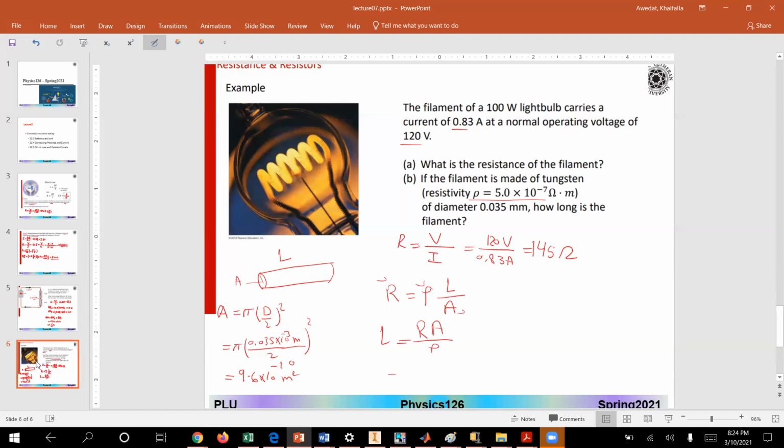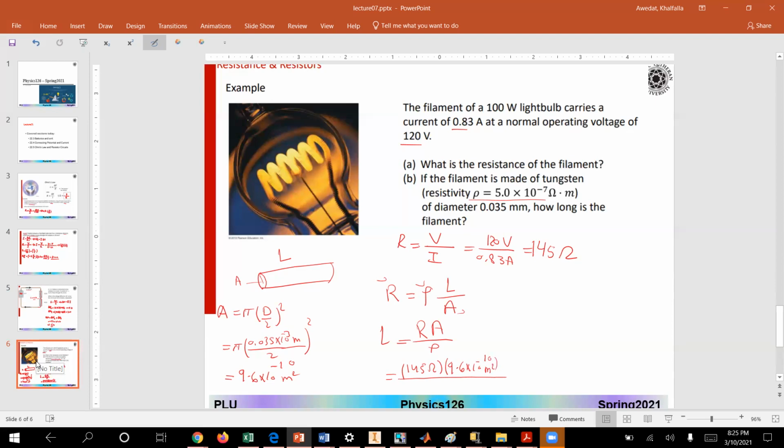So I have all the information. R, let's type this one here: R, which is 144.45 ohms, times A, I have the A, 9.6 times 10 to the minus 10 meter squared, divided by rho.